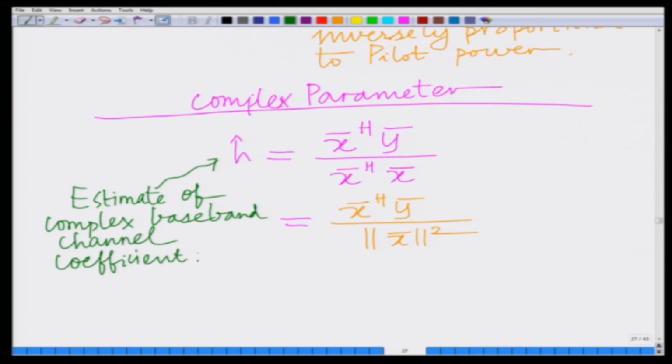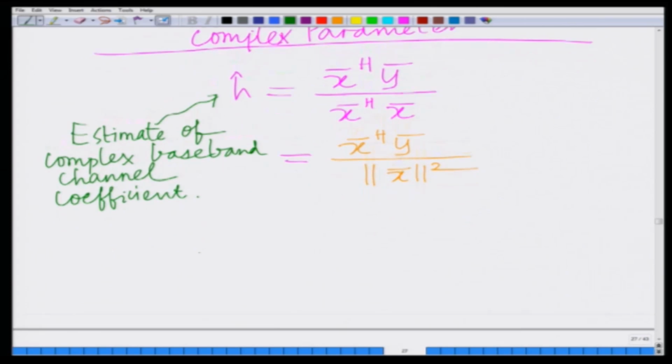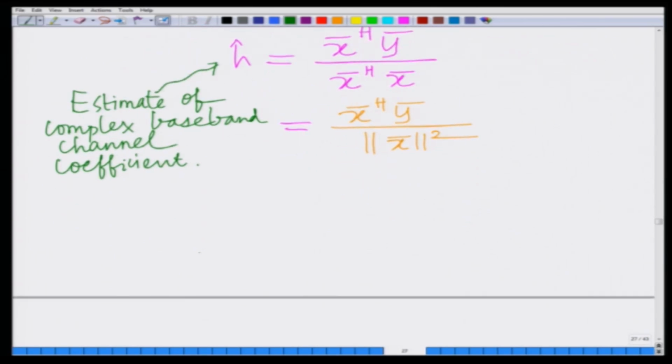This is the estimate of the complex baseband channel coefficient, that is, when the parameter, the channel coefficient h, is complex in nature. You have to replace the transpose by the Hermitian: x Hermitian y bar divided by norm x bar square.